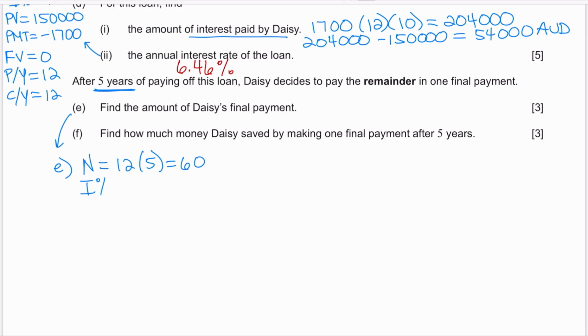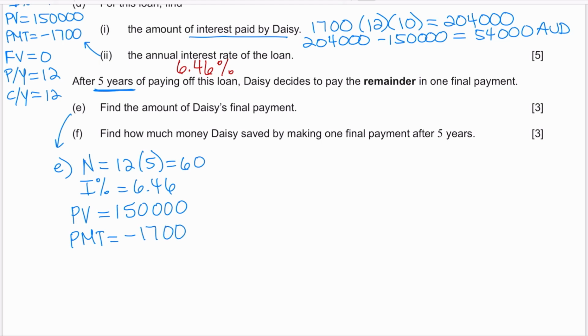The interest rate, if you remember, is 6.46%. It will probably be already still in your calculator, so just leave it there. And then the present value is how much money she borrowed initially, which is $150,000. Her PMT, she's making equal payments of $1,700 every single month.